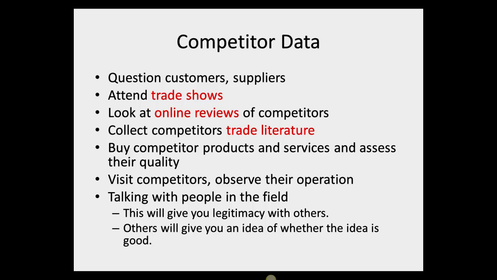Collect competitor trade literature, buy their product and see what it's like, visit their competition, talk with people in the field. And this is why generally it's a great idea if you've already worked in the industry before you do a new business in the industry, because you have a better understanding of these things than someone who would be new to the industry.